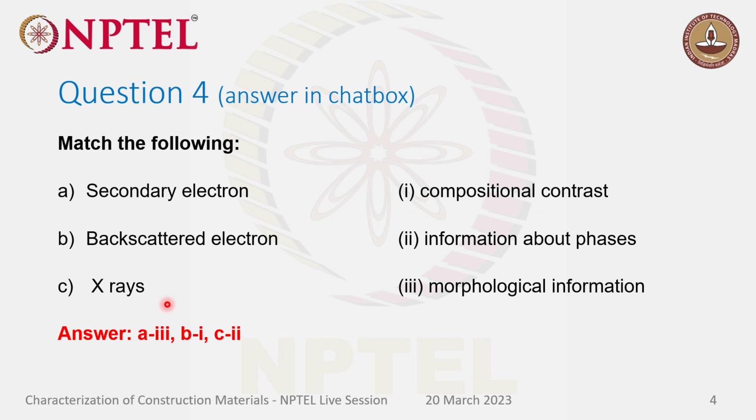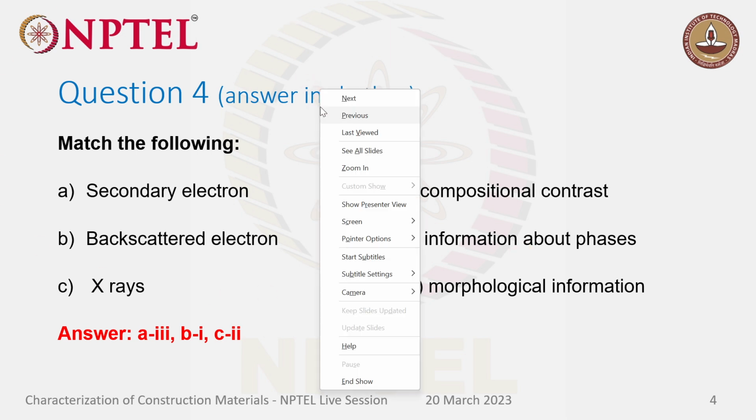When it comes to X-rays, we measure the elemental composition. In that case, we'll be able to understand the phases present. If you want to understand the calcium to silica ratio, or if you want to differentiate C-S-H and C-A-S-H. Okay, let me write it here.